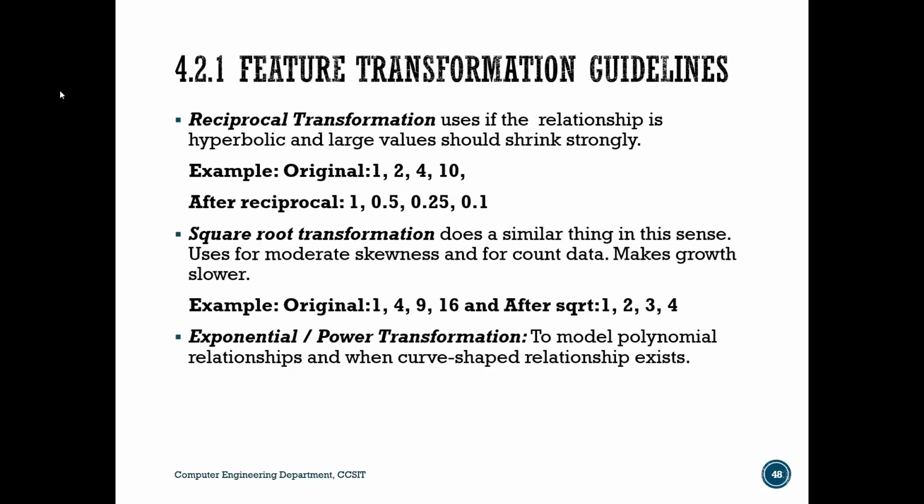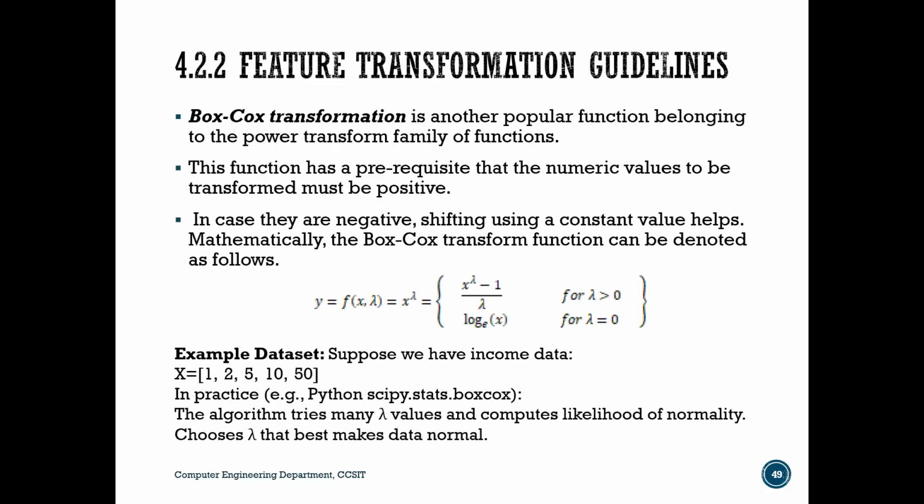Now the next is the Box-Cox transformation. It has this formula. For this transformation you need to memorize this formula, because it is not easy to find the lambda value manually. Why?